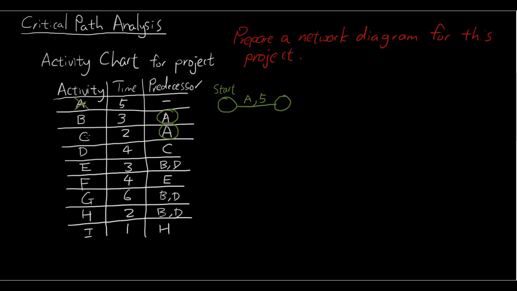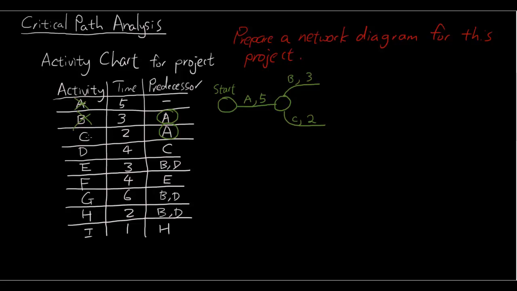So we're going to now put on B and C in the diagram. So once A is complete, we can start on B, which takes 3 minutes. And we can also start on C, which takes 2 minutes.